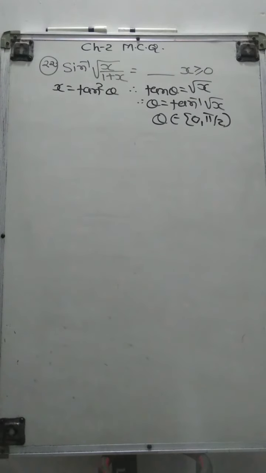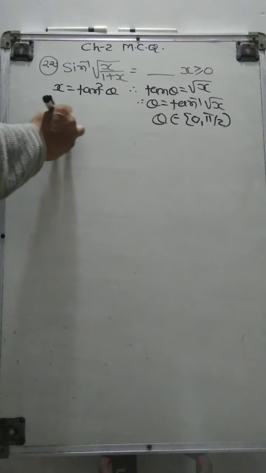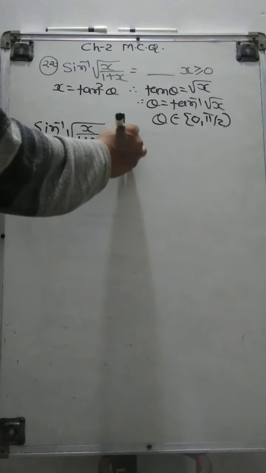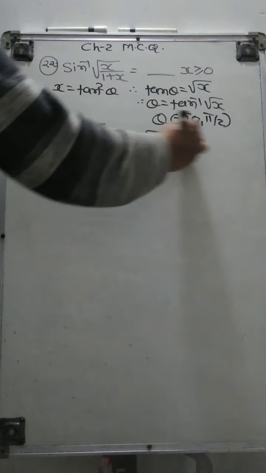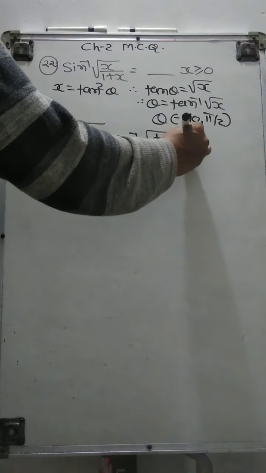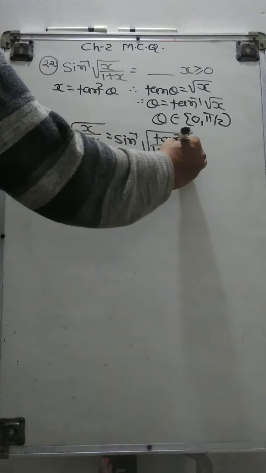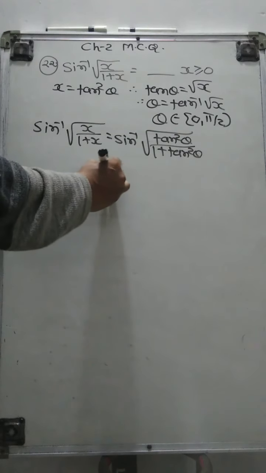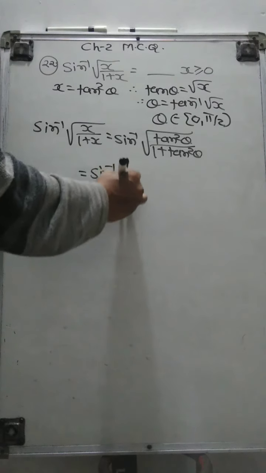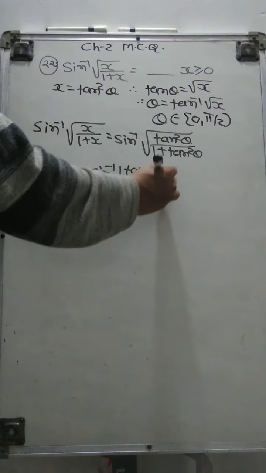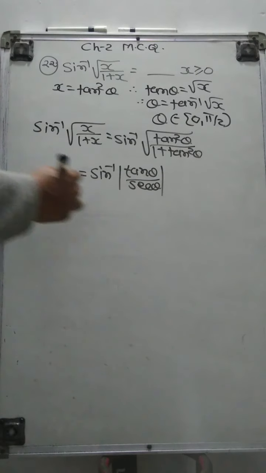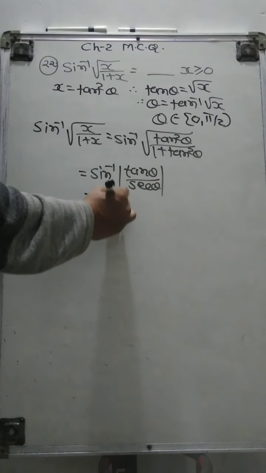Now sin inverse root x upon 1 plus x is equal to sin inverse root tan square theta upon 1 plus tan square theta, which is sec square theta. So sin inverse modulus of tan theta upon sec theta, but both are positive, therefore directly we put sin inverse.